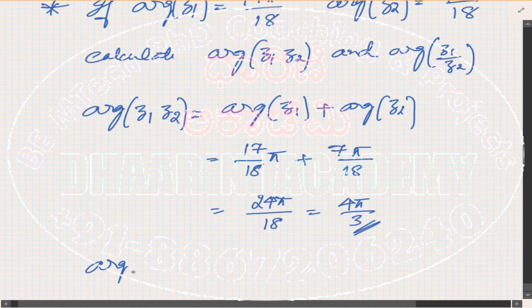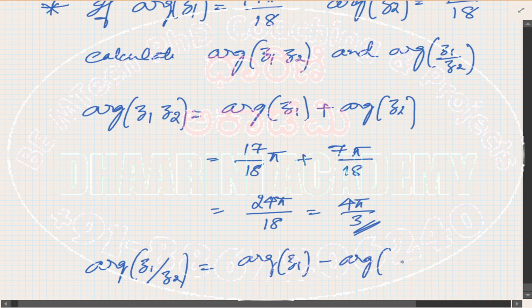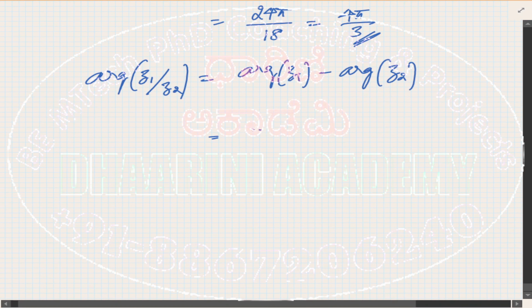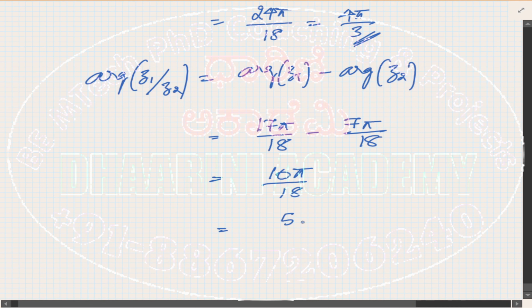Similarly, arg Z1 by Z2 is arg Z1 minus argument of Z2. So 17 pi by 18 minus 7 pi by 18. 17 minus 7 is 10, so 10 pi by 18, and 5 pi by 9 is the answer.